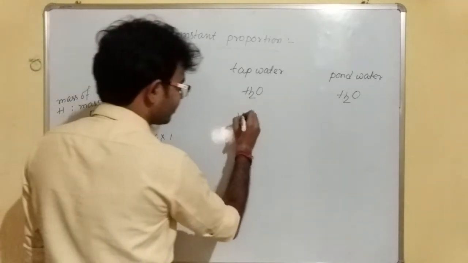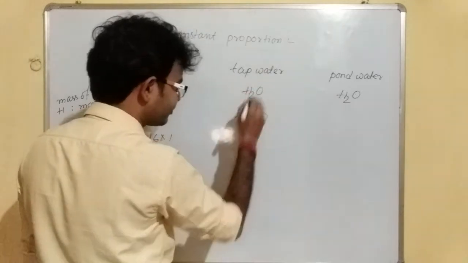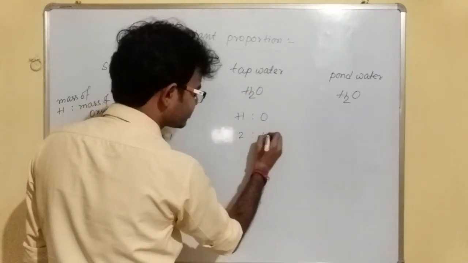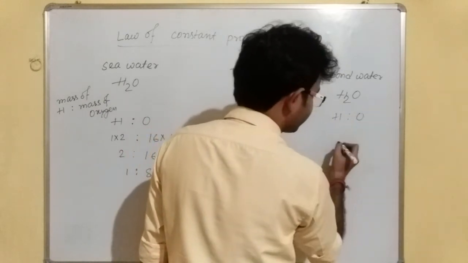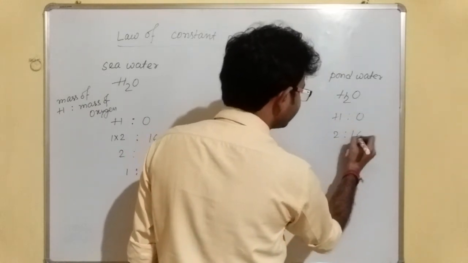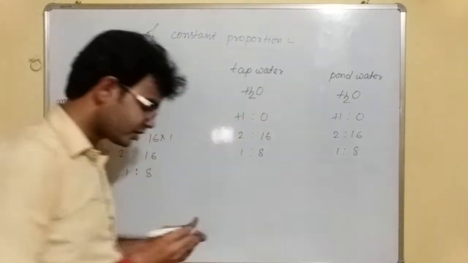Now here, hydrogen to oxygen in tap water is also 2 is to 16, that is 1 is to 8. What are we observing here?